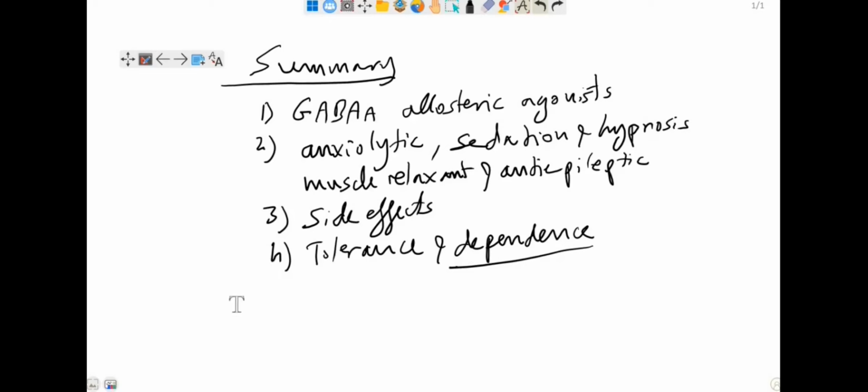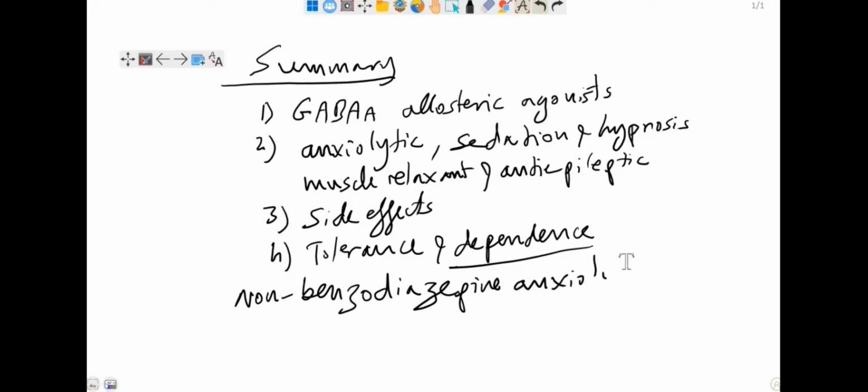We talked as well about the non-benzodiazepine anxiolytics, especially buspirone.